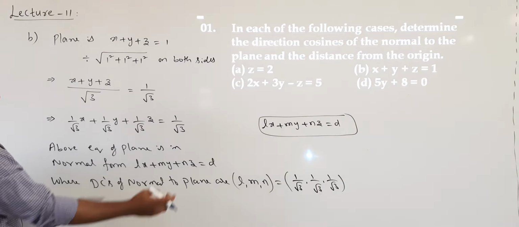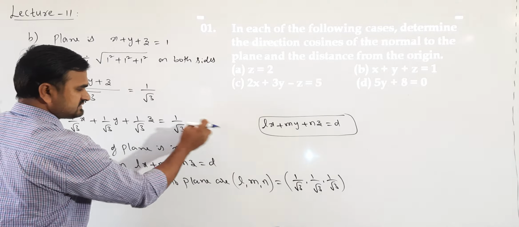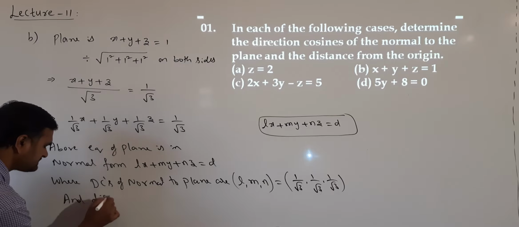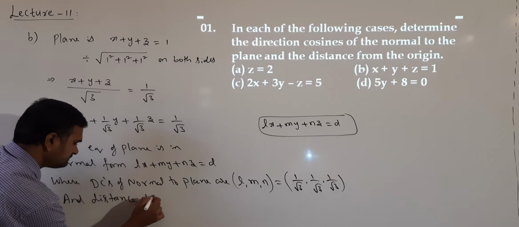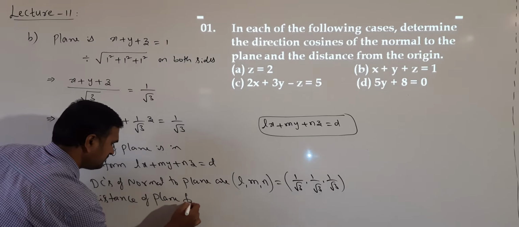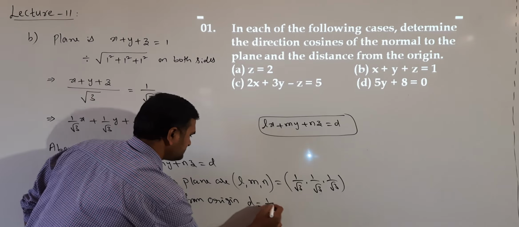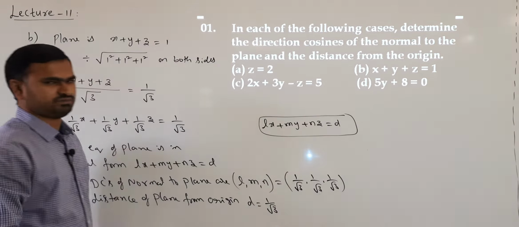And distance of plane from origin, d is 1 by root 3.